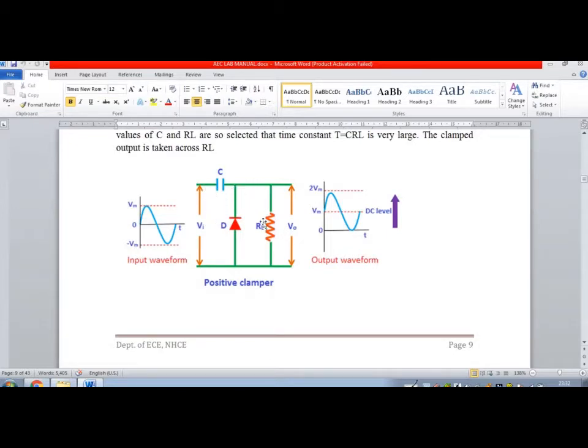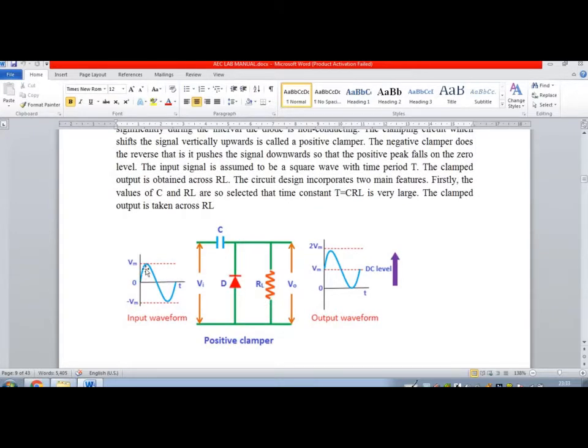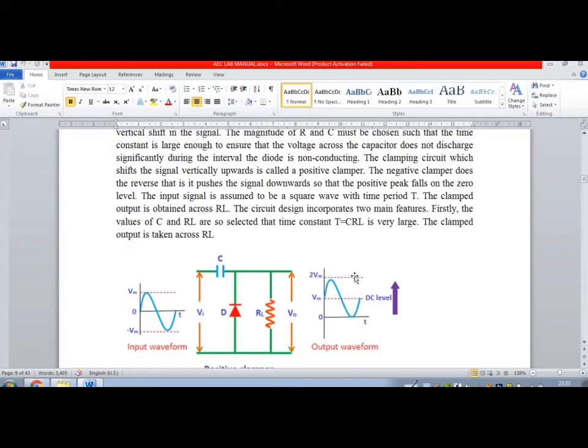This is the experimental setup of the clamper circuit. The input waveform is the sinusoidal signal which is provided to the circuit, and the output signal is sinusoidal signal which is shifted to the desired DC level.